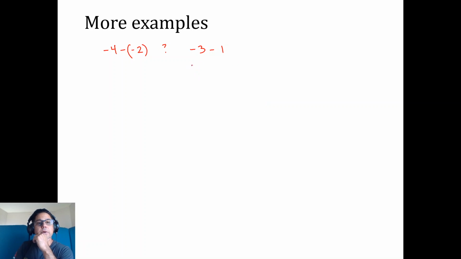All right, so it's kind of like two problems. On the left, it's negative 4 adding the opposite. So negative 4 plus positive 2. Now those are different signs, so I'm going to subtract, take the greatest absolute value sign. So I'm going to get a negative 2.